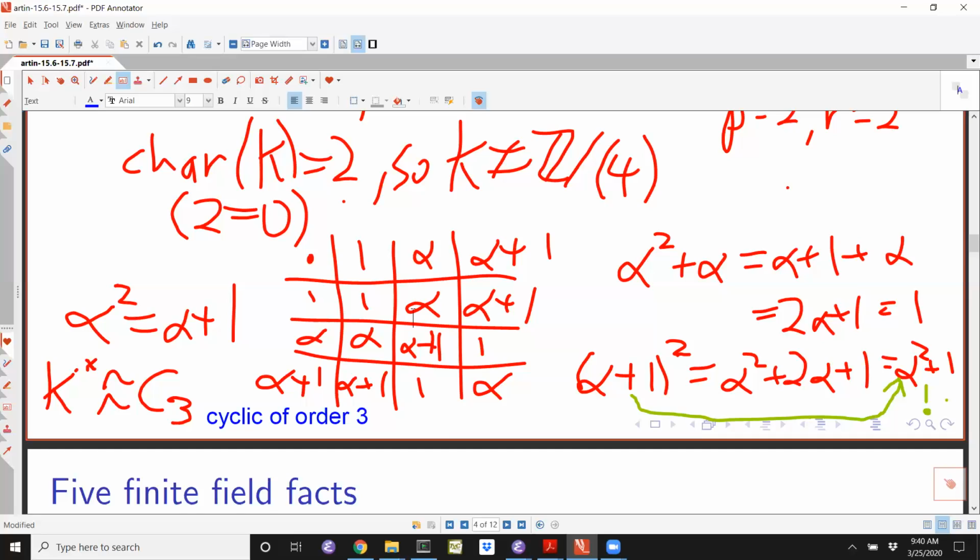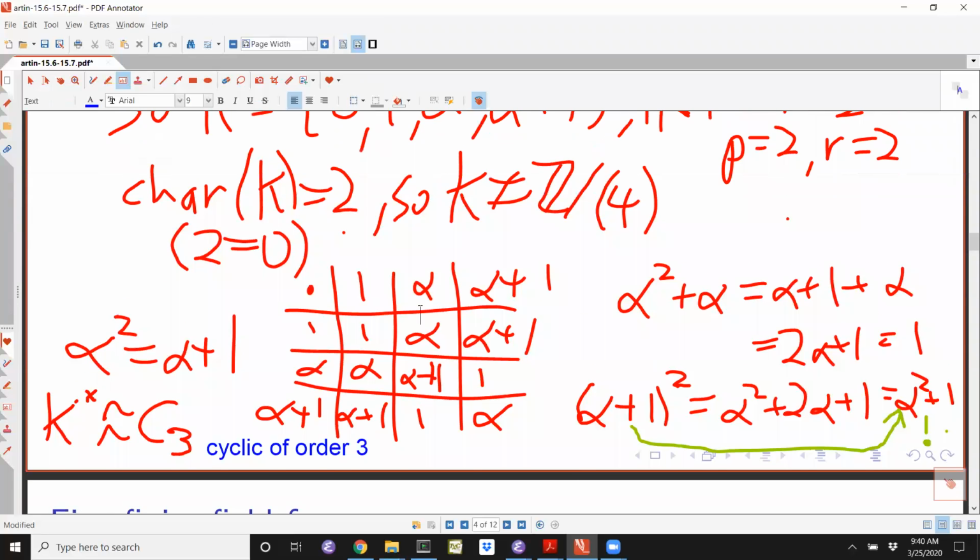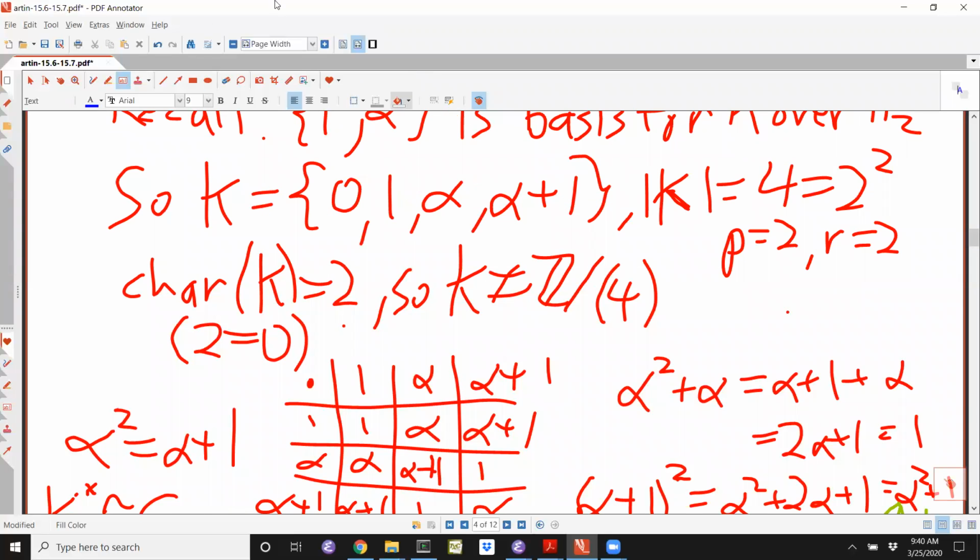But what is much more surprising is that every finite field has a multiplicative group that is cyclic. A remarkable fact.